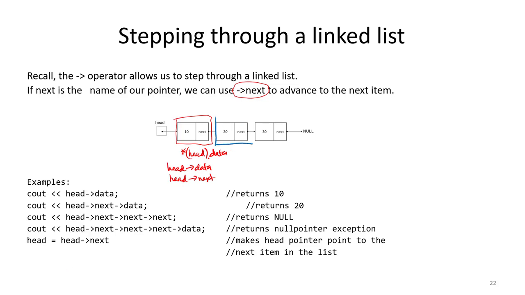If I want to access my second node, I would have to write head arrow next arrow data, or head arrow next, in order to access the data and the next where head arrow next is pointing.